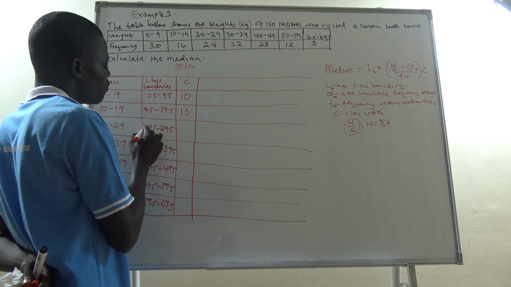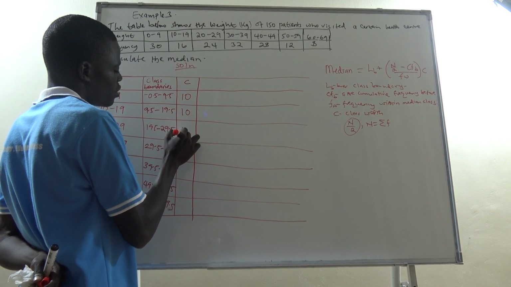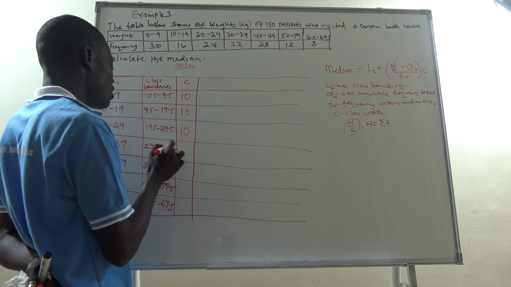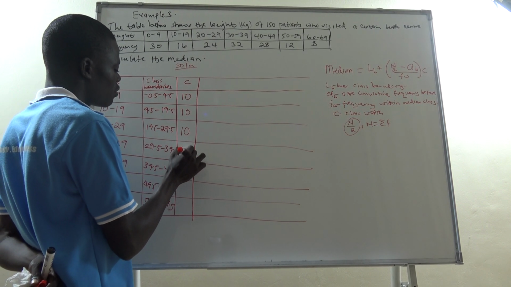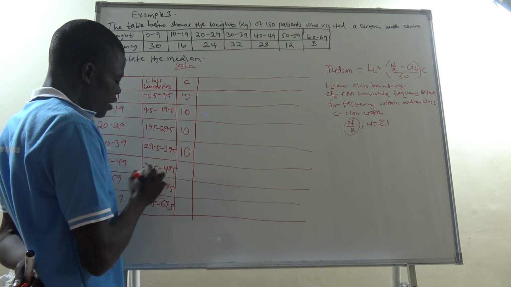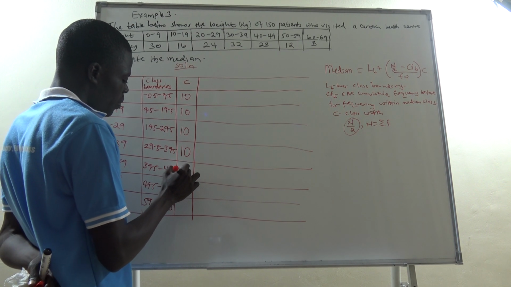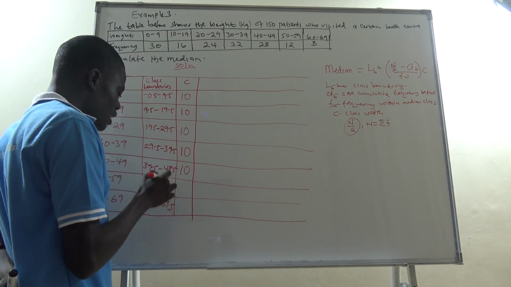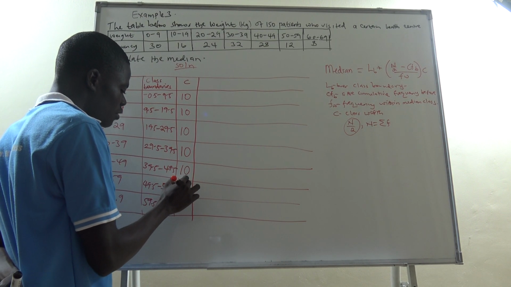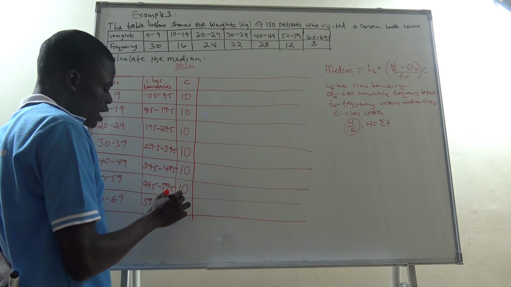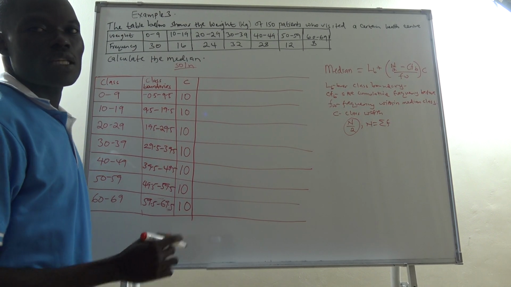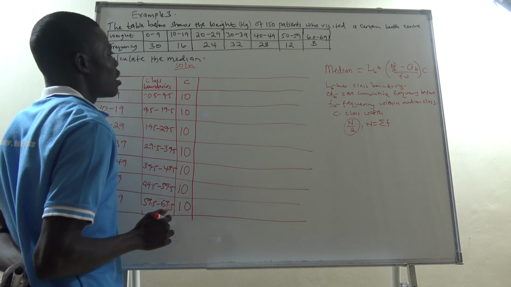Here 29.5 minus 19.5, we still have 10. Then 39.5 minus 29.5, also we still have 10. 49.5 minus 39.5, we still have 10. 59.5 minus 49.5, we still have 10. Also here we have 10. So this is the type of data with equal class interval.